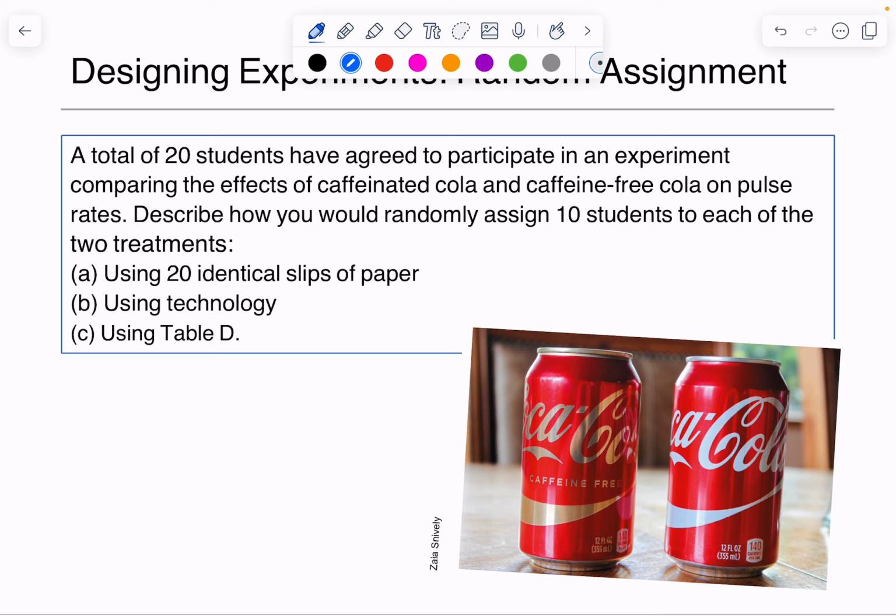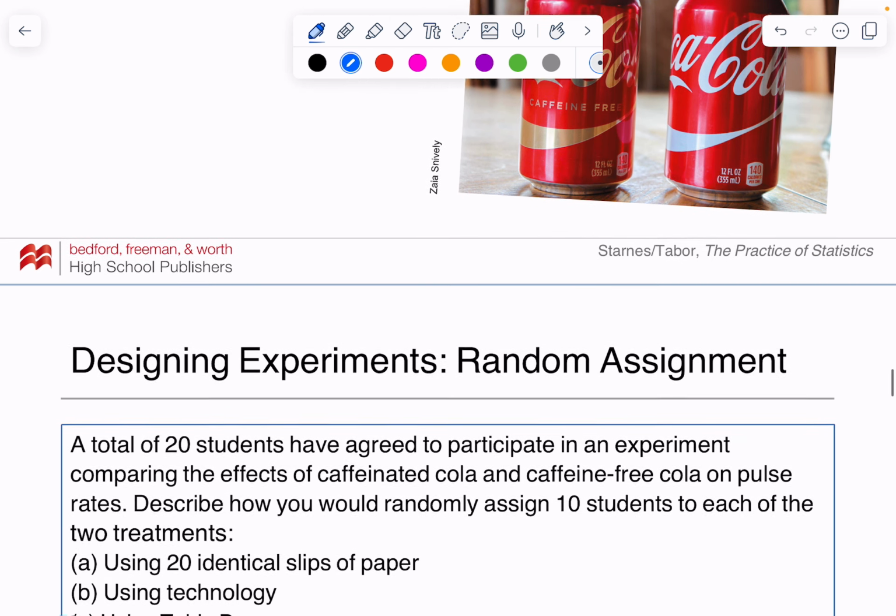Okay, you could even do something like just write the words caffeine on 10 papers and caffeine-free on 10 papers and have the 20 people come in and pick one of the papers randomly. Whoever got caffeine-free is in the caffeine-free group. Whoever got caffeine is in the caffeine group. Basically, something along those lines, okay?